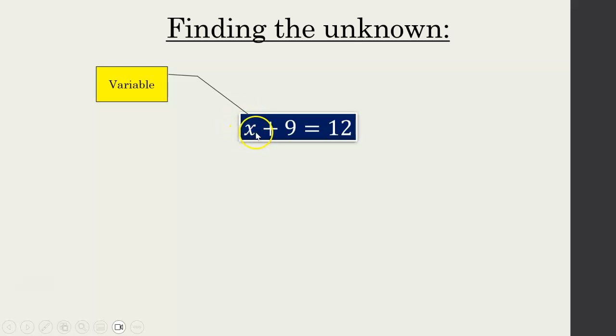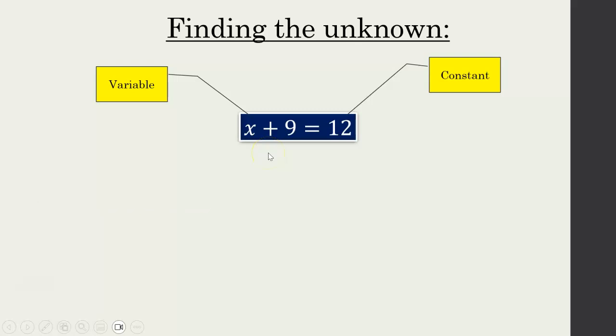So this is one particular equation where we have an x in it. Then we have constants, which are just numbers. So 12 would be a constant, 9 would be a constant, x is not a constant, it would be a variable. Now in other equations we might have two variables, so we might have x and y, we might have a and b, c, all different types of letters, but they would always be variables.